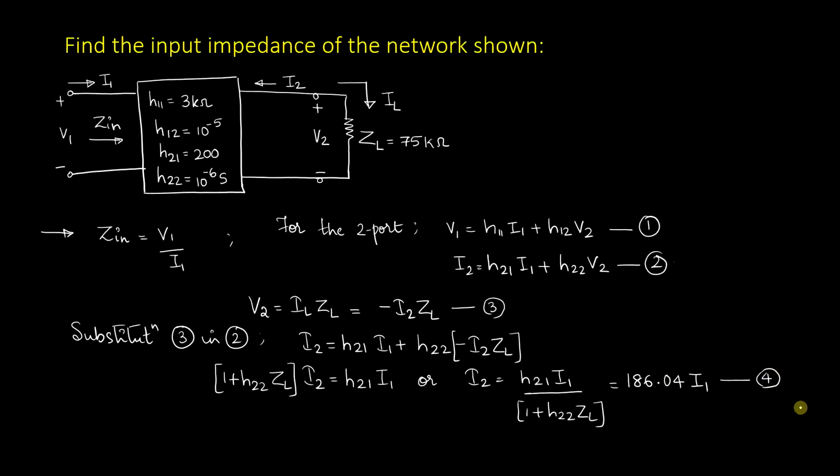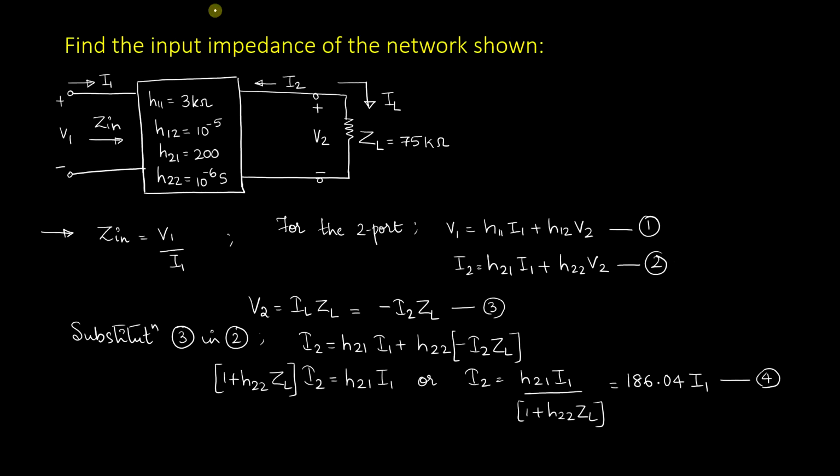You need to substitute equation number 4 in equation number 3. You can see previously we had equation 3, V2 equal to minus I2 into ZL, with I2 equal to 186.04 into I1.